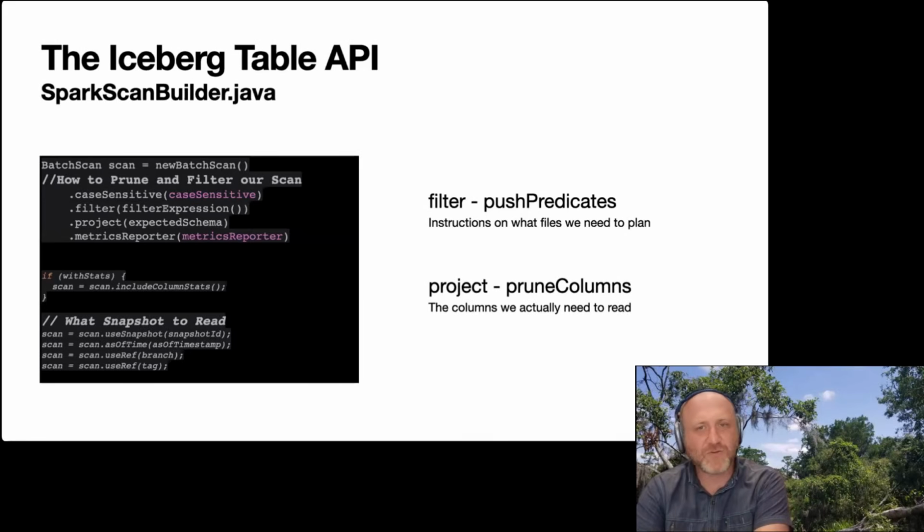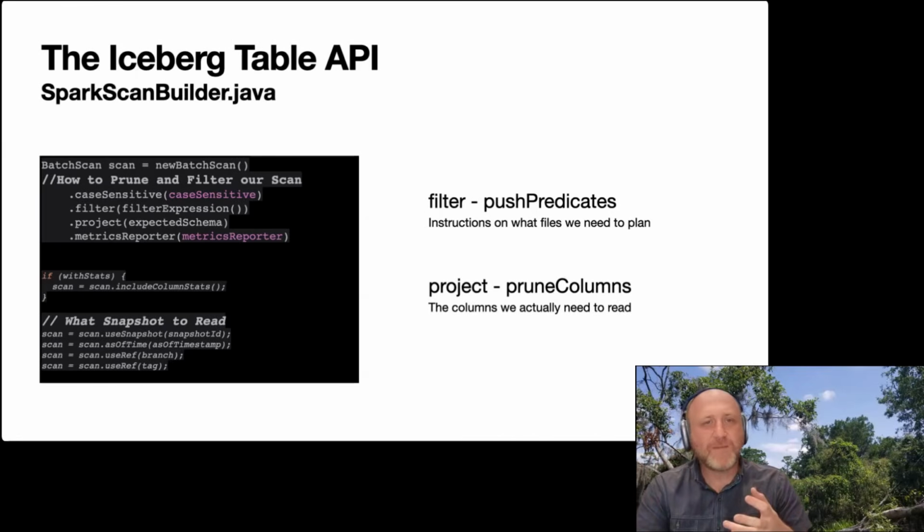Spark is going to give us two specific things that we're going to use for our planning. One is in the form of a function called push predicates, which we're going to use to make our Iceberg filter. And one is a function called prune columns, which will give us the information we need to do our projection as we are looking through our files.